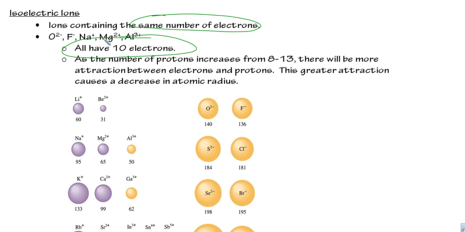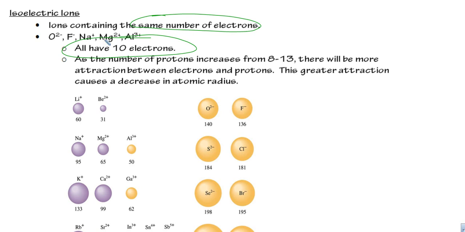So be careful. If you have an isoelectronic series, you have to treat them a little bit differently than you would otherwise. Here's what happens. They all have the same amount of electrons, but they do not have the same amount of protons.